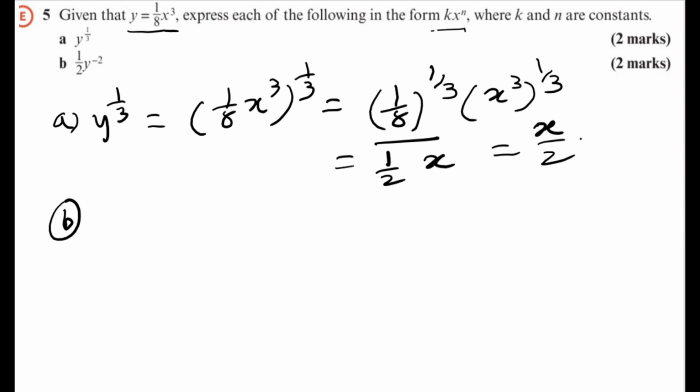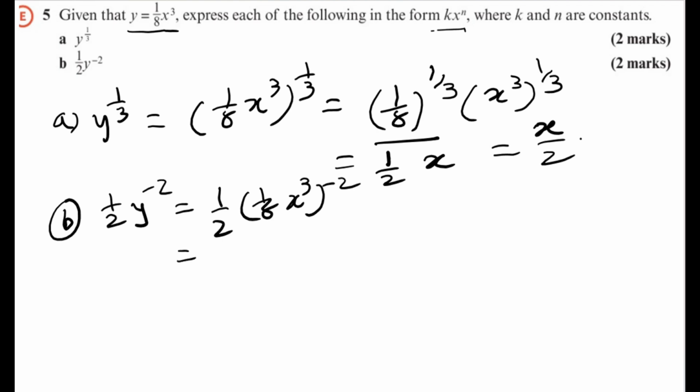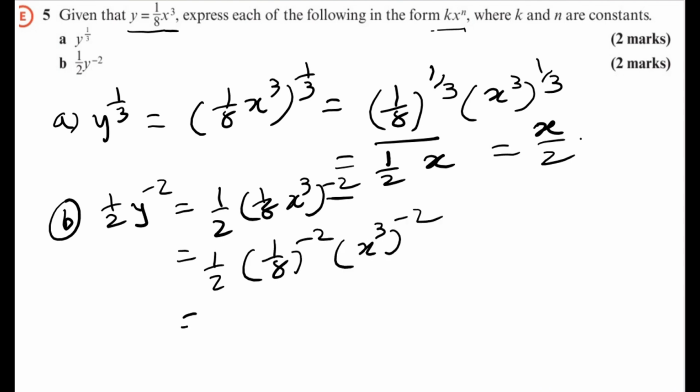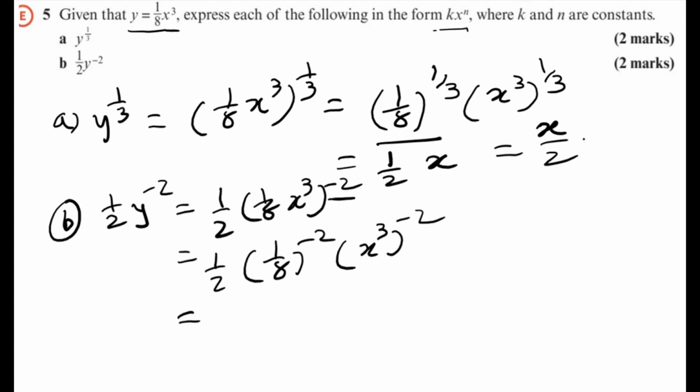B part. Half y to the power minus 2. Substitute the value of y, which is half times 1 over 8x cubed, to the power minus 2. Now this minus 2 power is for the whole bracket. So we can separate it for 1 over 8 and x to the power 3. 1 over 2 times 1 over 8 to the power minus 2 will give you 64 times x to the power minus 6.